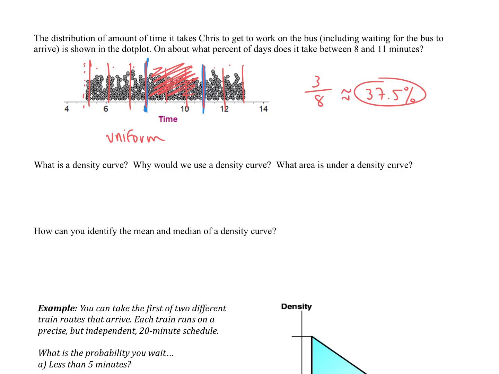Okay, that above is called a density curve. A density curve traces a dot plot or a histogram, so it's going to be smooth. Why do we do it?